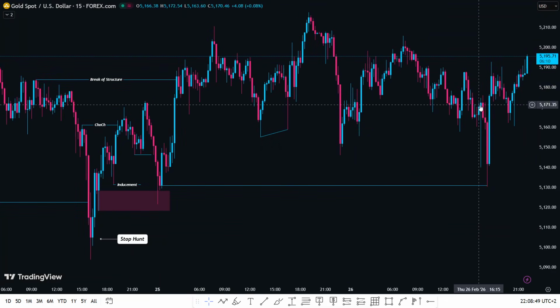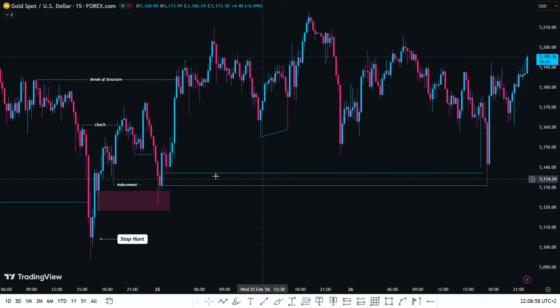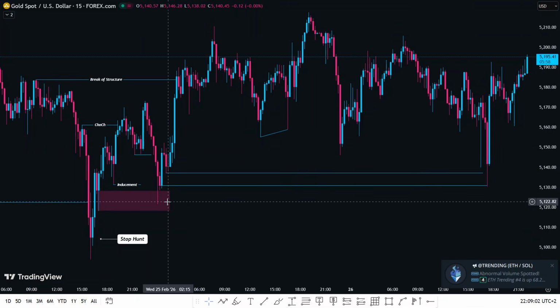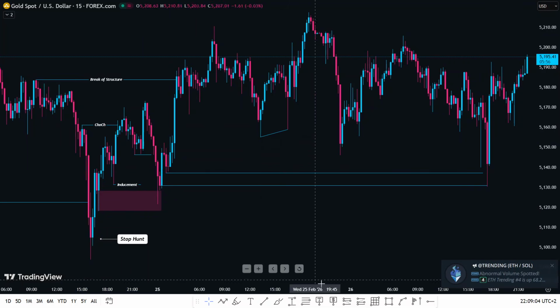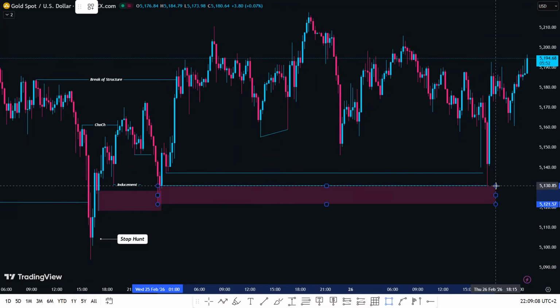You can see right here, price attempted to go lower. This right here is just an inducement again, which ended up creating equal lows. Price ended up taking them, and then started pushing higher.